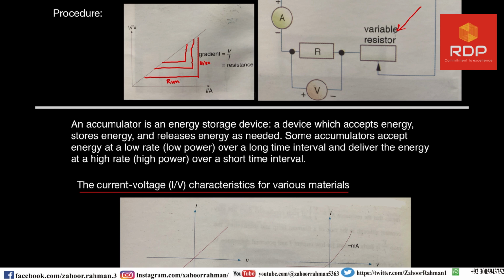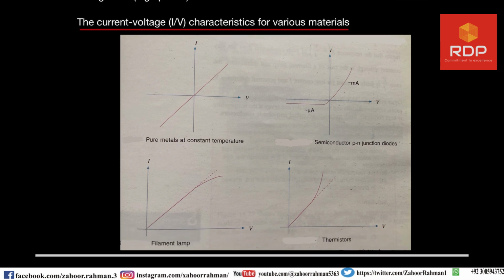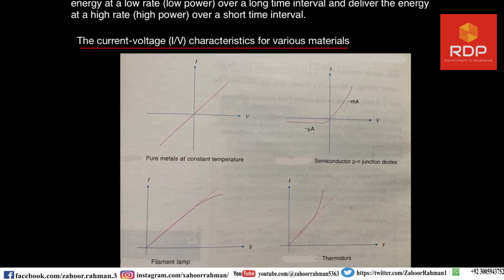There are many devices discussed here, but only this one is asked many times, though it is not well known. They ask which current-voltage graph shows the characteristic for either a filament lamp, a pure metal, a PN junction diode, or a thermistor.